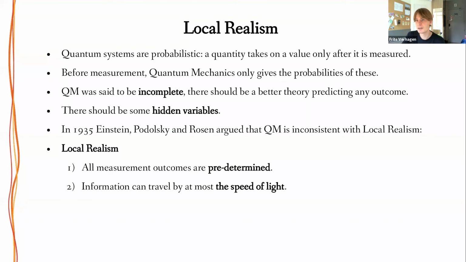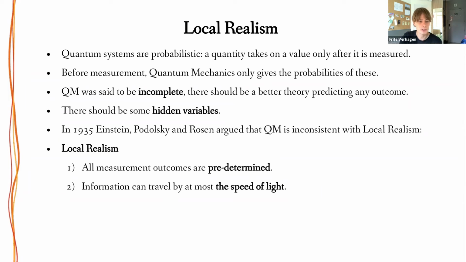So Einstein in 1935 was actually a bit against quantum mechanics because of this probabilistic nature. And together with his colleagues Podolsky and Rosen, he argued that quantum mechanics is actually inconsistent with something called local realism. And local realism is actually something that sounds very natural. So what it is, technically, is 2 things.